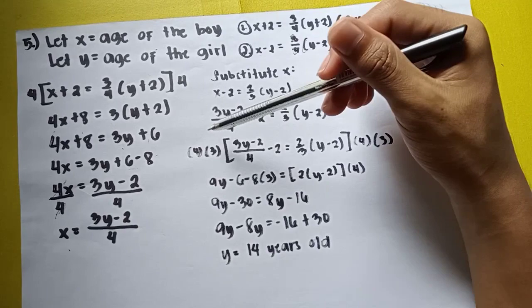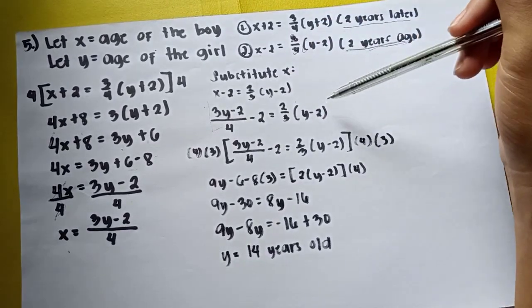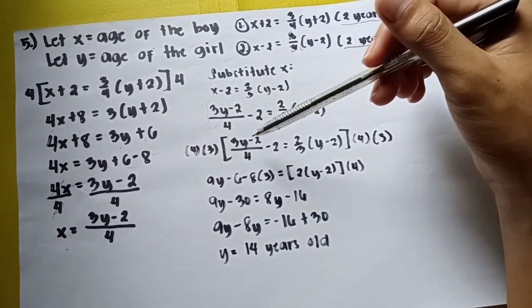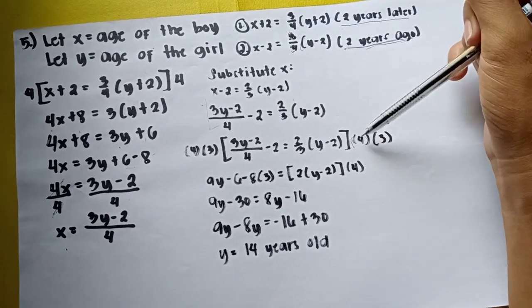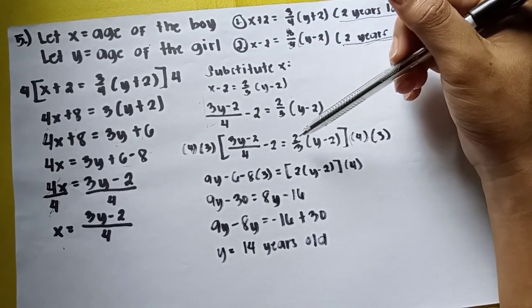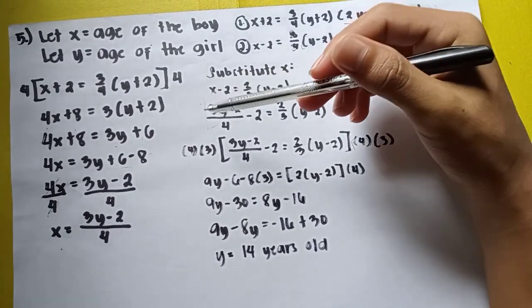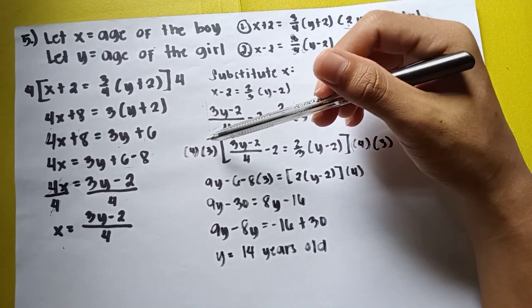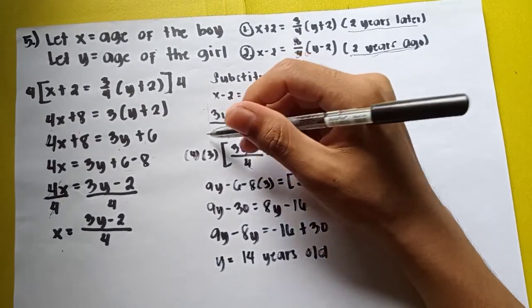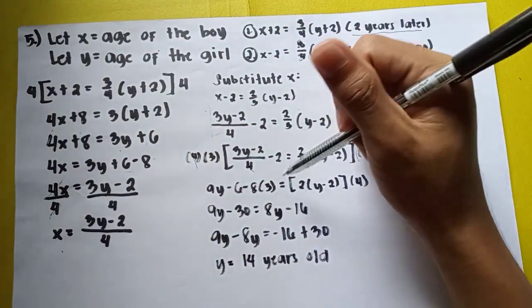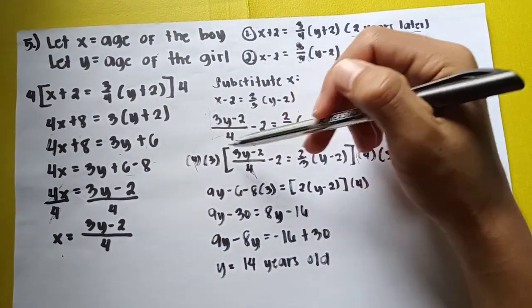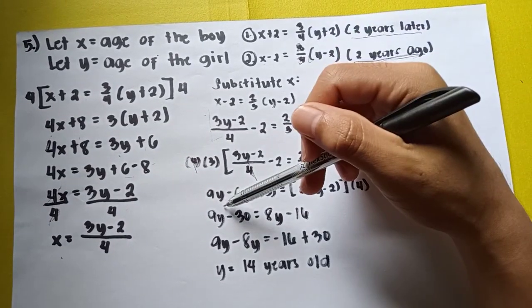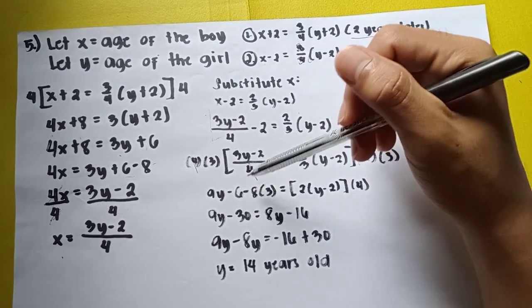So let's multiply both sides by 4 and 3 to eliminate the denominators. So eliminate 4 and then eliminate 3. 3 times 3Y is 9Y. 3 times 2 is 6.